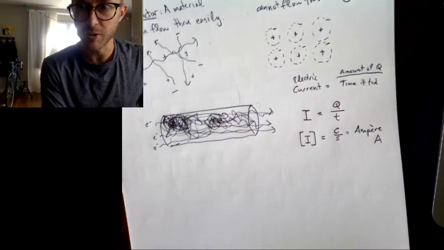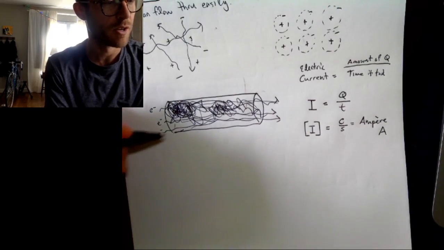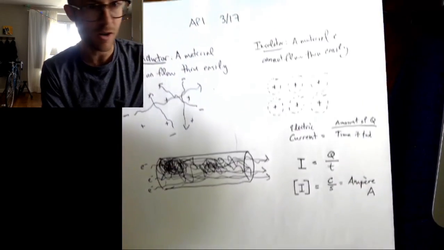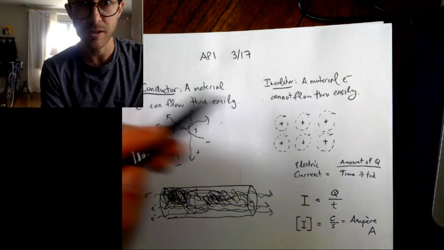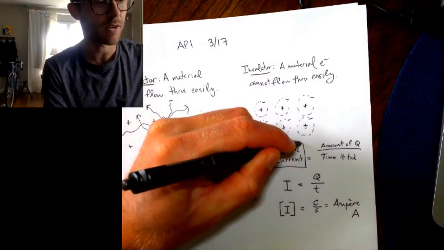So this is going a little bit longer than I wanted to, so I'm going to speed up a little bit. So key concepts so far: conductors, insulators, electric current. Okay.